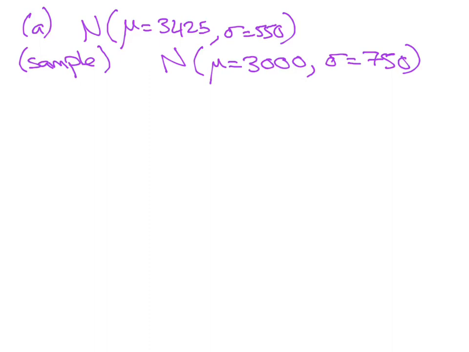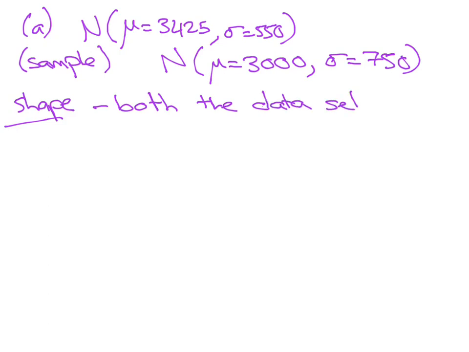So we need to compare these. When we're doing it, we're comparing the shape, the centre, and the spread. So comparing the shape, both data sets are approximately normal in shape.